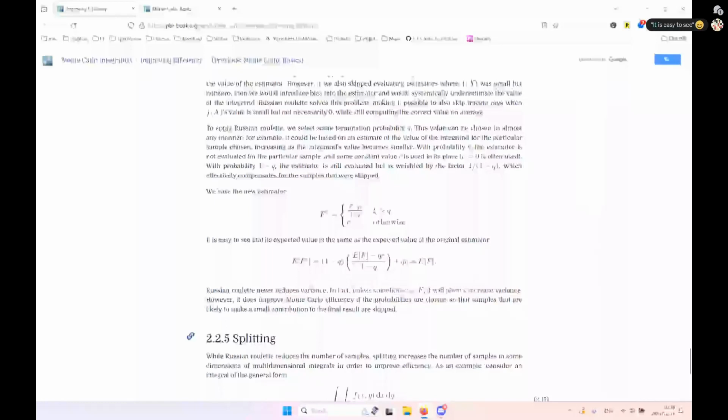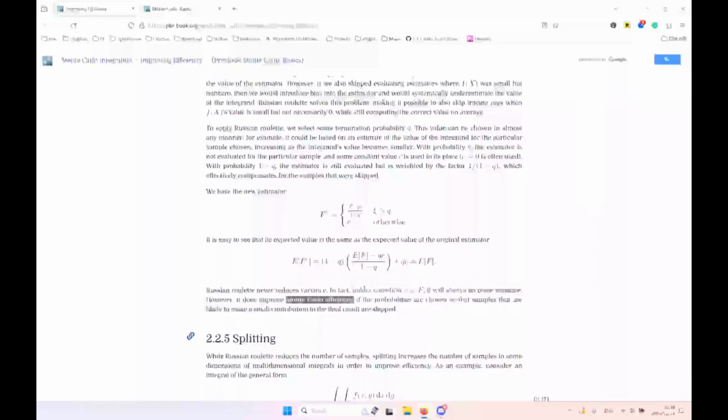And one thing is that Russian roulette is not a variance reduction technique. It will always increase variance. But it will improve Monte Carlo efficiency anyway. And yeah, if we don't use Russian roulette, we need some cutoff anyway in practice.